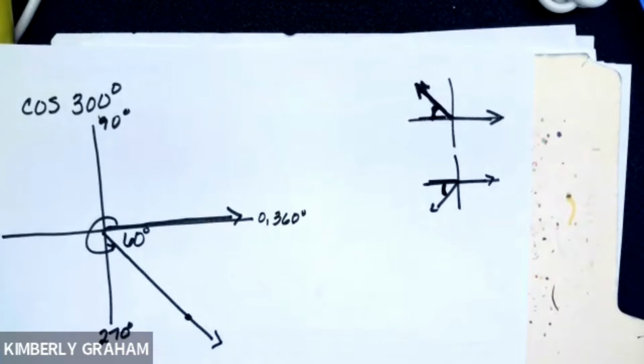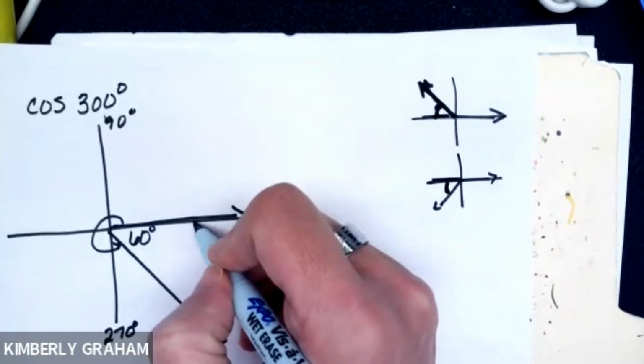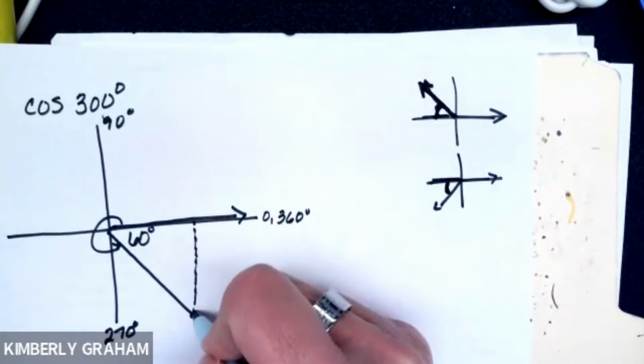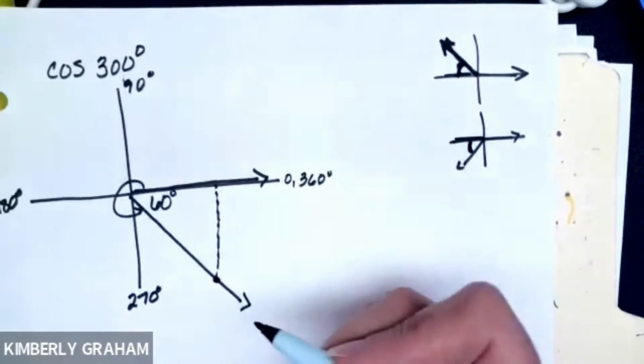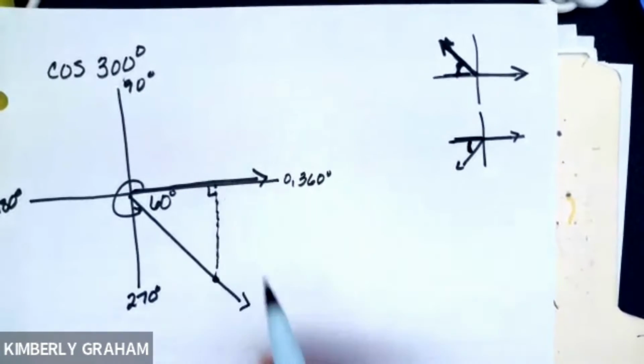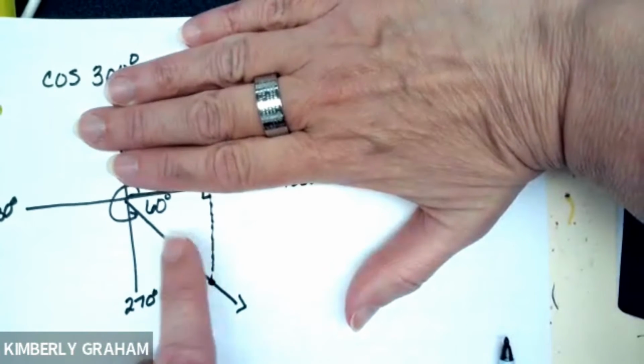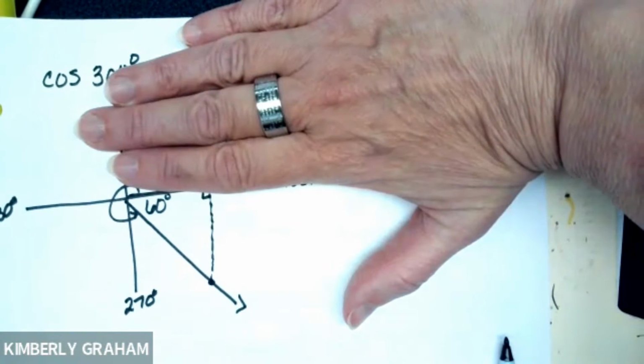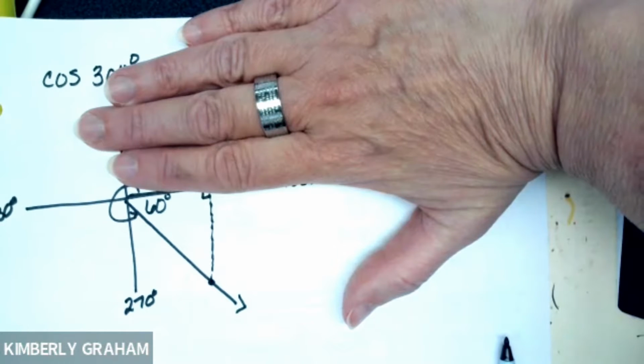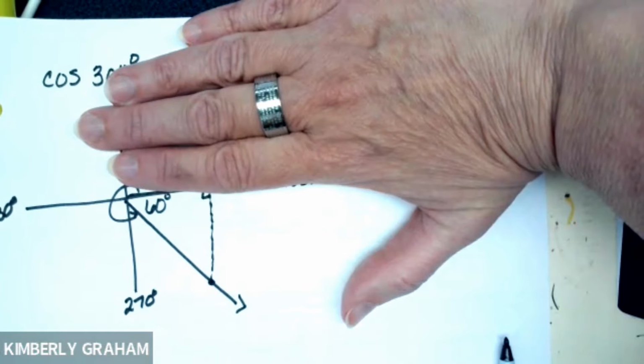I know that if I draw in this perpendicular line here, and I'm just looking at that right triangle, I can find sine, cosine, and tangent of a 60-degree angle.